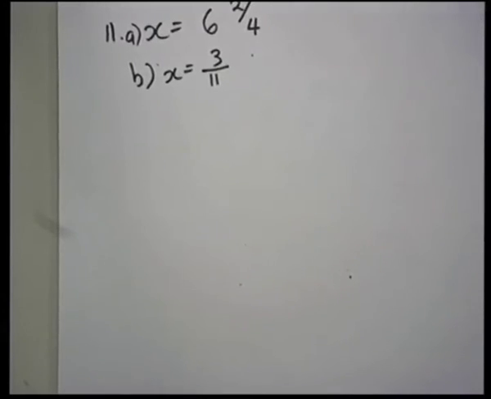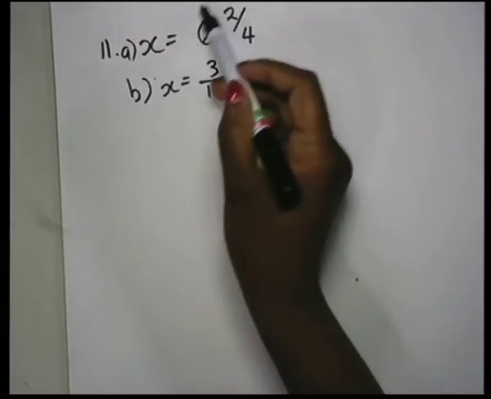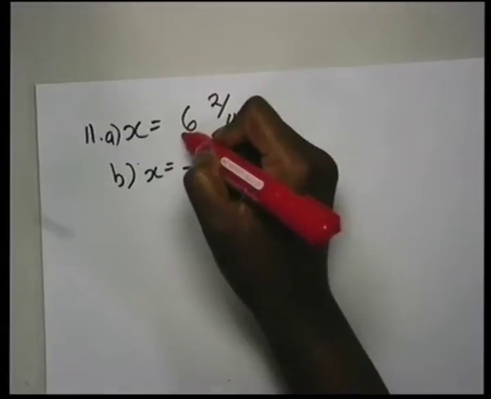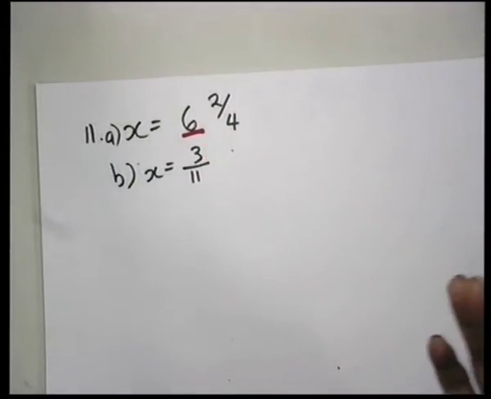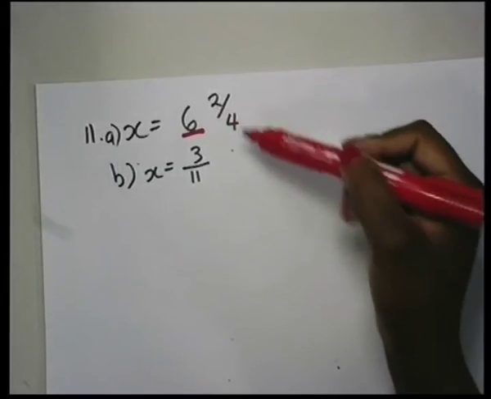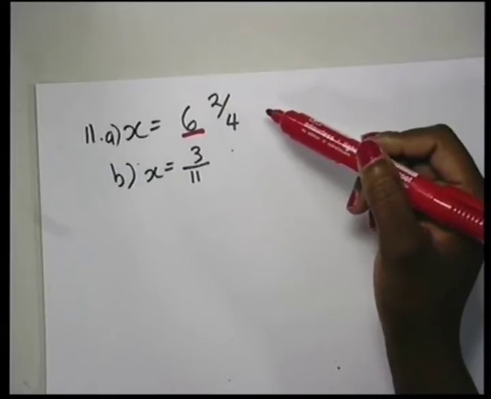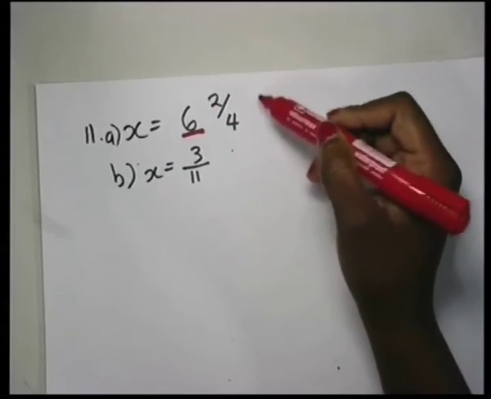But to convert the first one, which is 11A, what this practically means over here is 6 point. If you always look at it like that, it will always be simpler to you. And if you take 2 divided by 4, it's equal to a half, isn't it? Because if I divide 2 by 2 and 4 by 2, I would get 1 over 2.